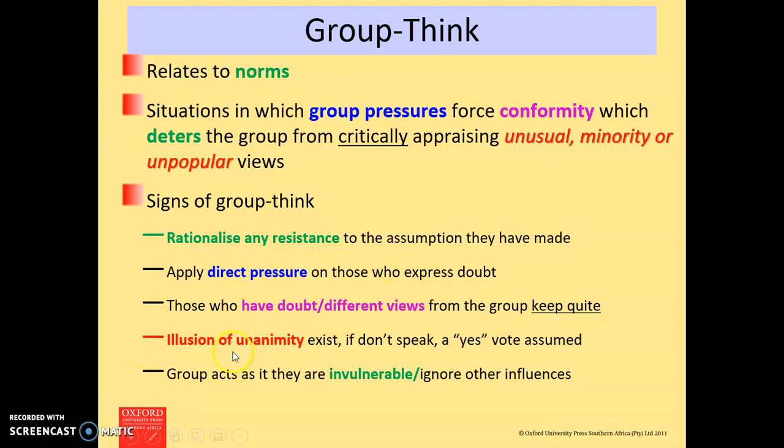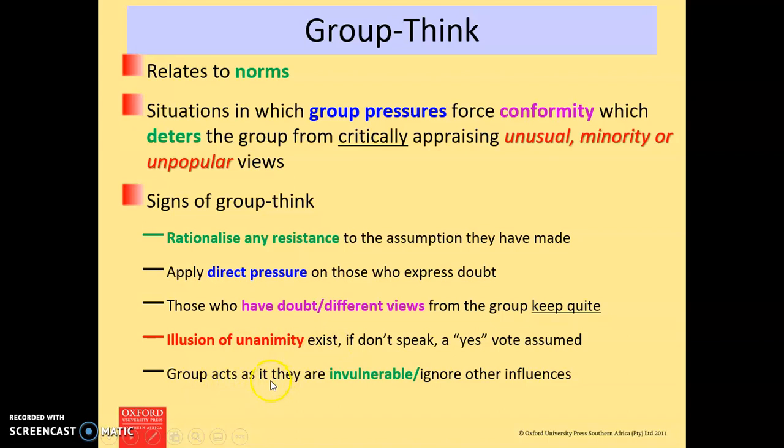And illusions of unanimity exist. Illusion of unanimity refers to the apparent absence of disagreement, a kind of consensus among the members. If an illusion of unanimity exists, even if members don't speak yes or no, it is actually considered that groupthink exists.